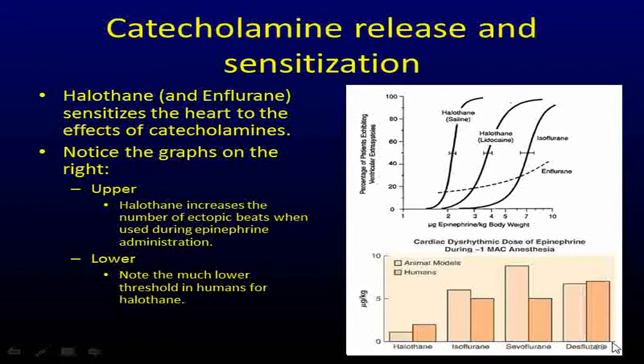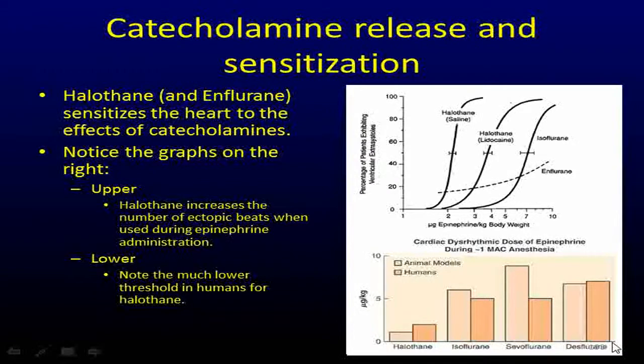And the only reason they started doing this is because, why did they start doing this, and why do I have to teach you this? Because when they started using halothane, surgeons were giving epi at the end of the procedure, and patients were having bigeminy, multifocal PVCs, and they wanted to know why. And then they started comparing the drugs.